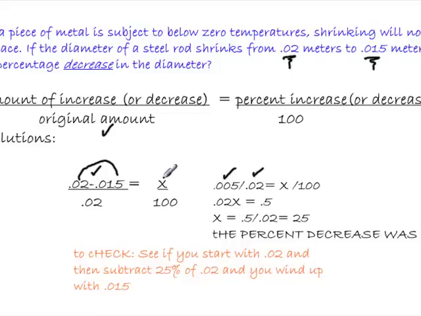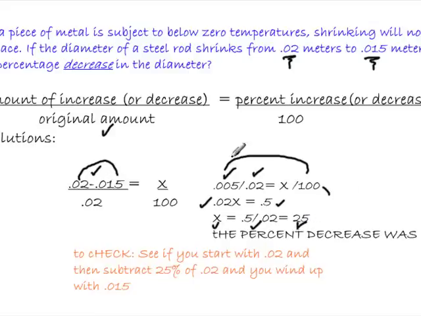That's supposed to equal x divided by 100. Now when I cross multiply, I get 0.02 times x, and when I multiply 0.005 times 100, I wind up with 0.5. Last step is to divide both sides by 0.02, and I wind up with x equals whatever 0.5 divided by 0.02 is, which is 25.